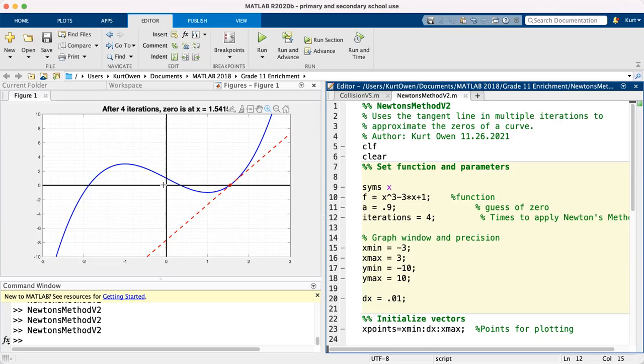You want the guess to be on a section of the function that's relatively linear compared to the function as it crosses a 0 in order to quickly get to an answer, right? You don't want to have to use Newton's method more than a couple of times because it's time consuming and tedious. So a good first guess is really important. A bad first guess can actually lead to wrong answers. So do be careful when using Newton's method.